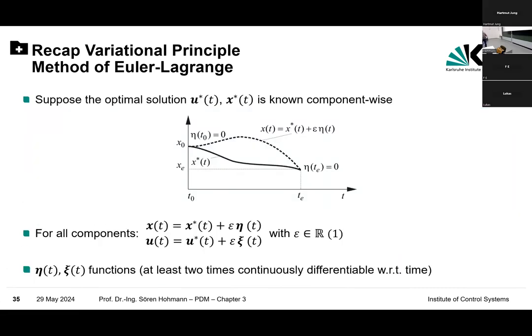So I go back to this picture, perhaps you remember that. We thought of taking the minimum and deviated this minimum trajectory by adding some additional values. So that was the idea, and then we compared it with the integral of Euler and Lagrange to do it that way.